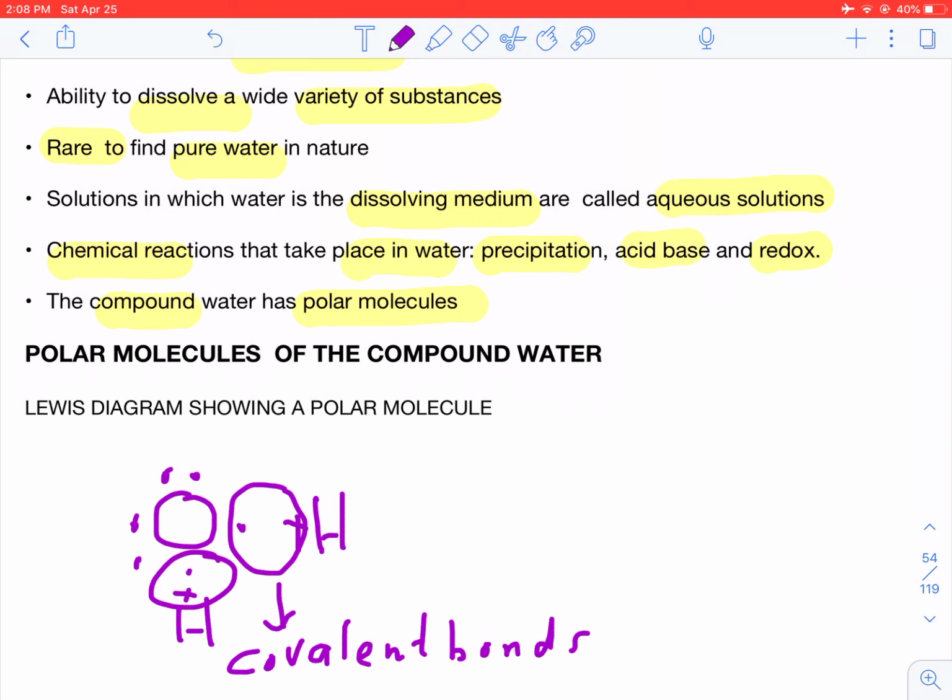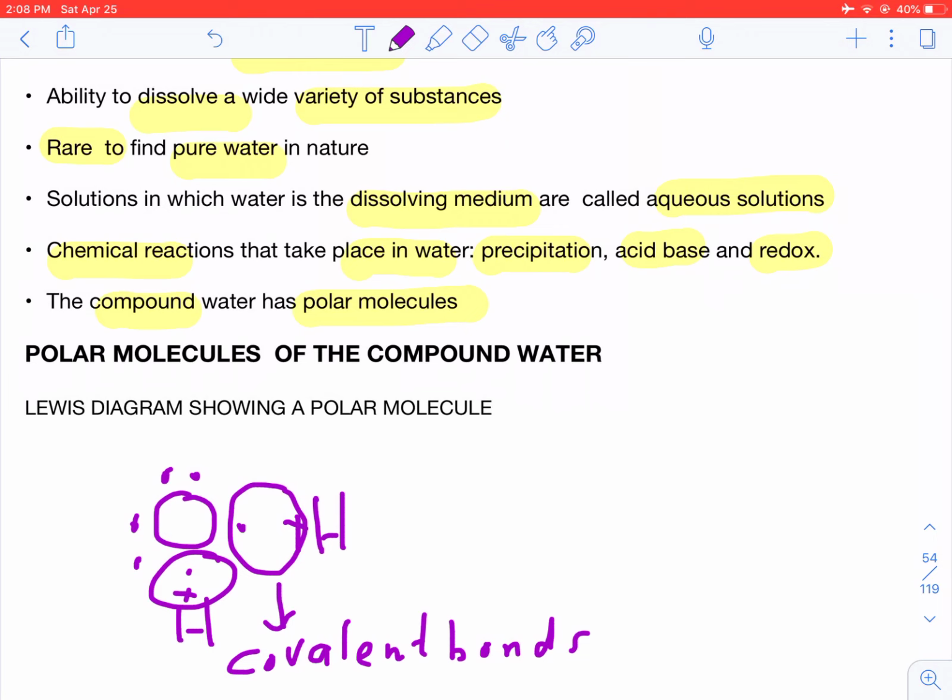So oxygen and hydrogen share a pair of electrons, but we do know that the shared pair of electrons aren't equally shared between oxygen and hydrogen. What gives us an indication of the measure of the attractive force for the shared pair?